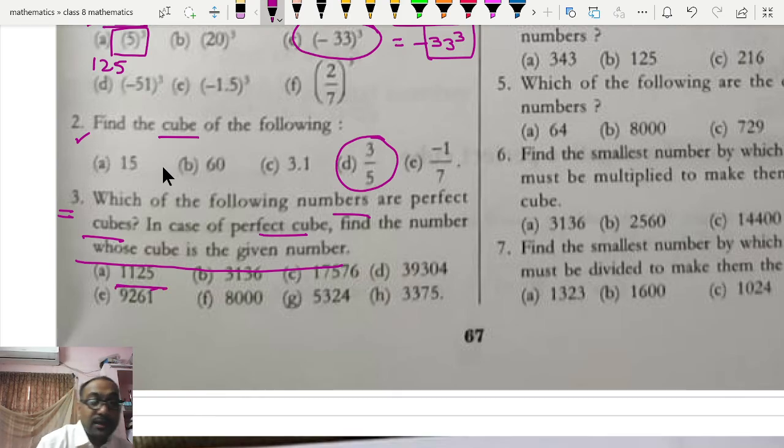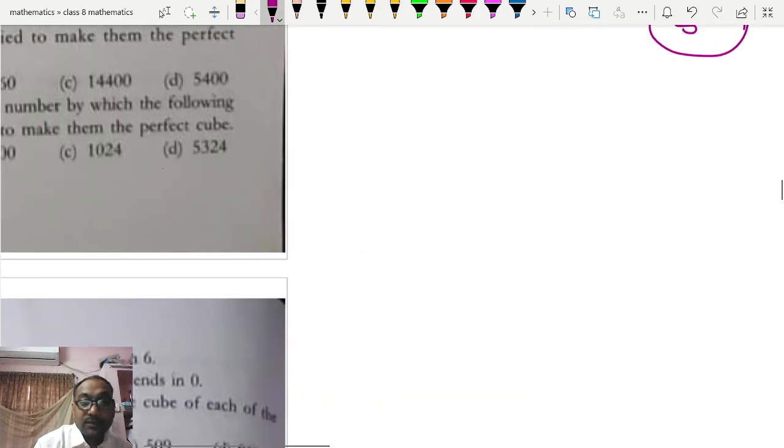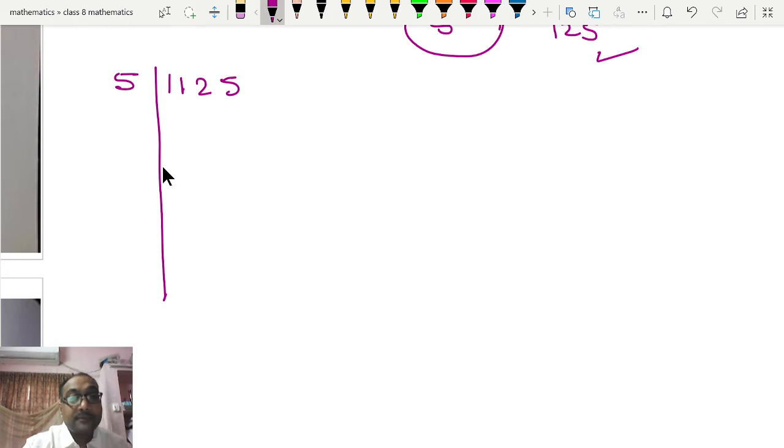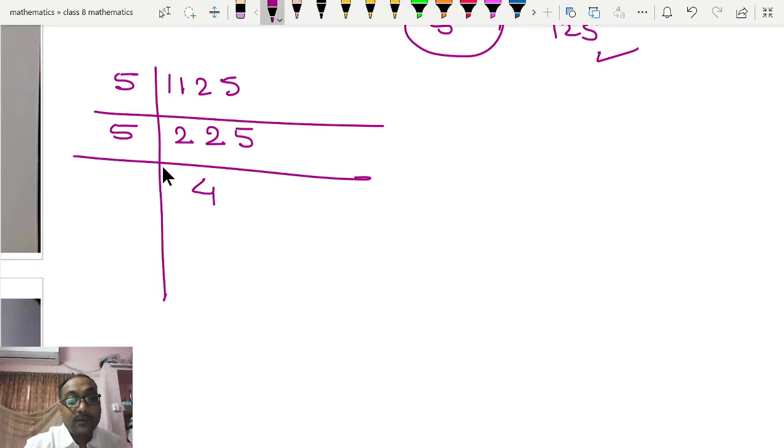1125. Let's see whether 1125 is a perfect cube or not. Dividing it by 5: 5 twos are 10, and 5. Again we try to divide by 5: 45, 5 fours are 20, and 5. 5 nines are 45, and 9.